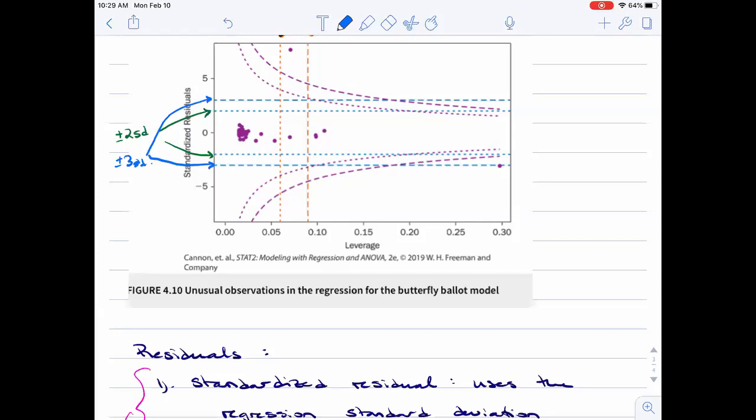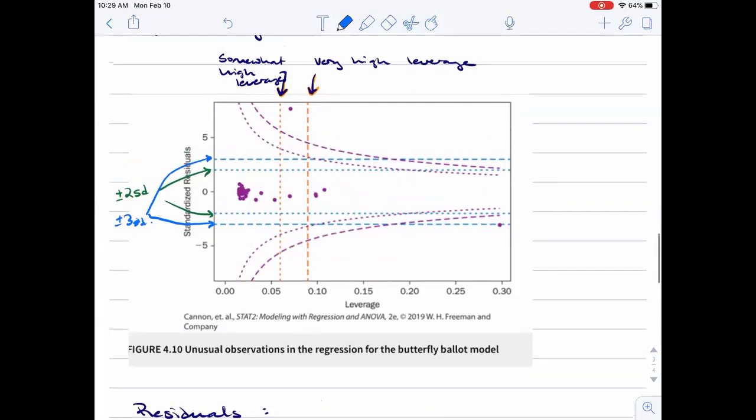Sometimes. So we use this plot to identify outliers, right? This one and this one. And even these points we would have to check out because of their leverage. Often we're more concerned about the leverage, because they're kind of leveraging our line. But to use this plot, what we do is we use it to identify, okay, I'm going to check out this point.